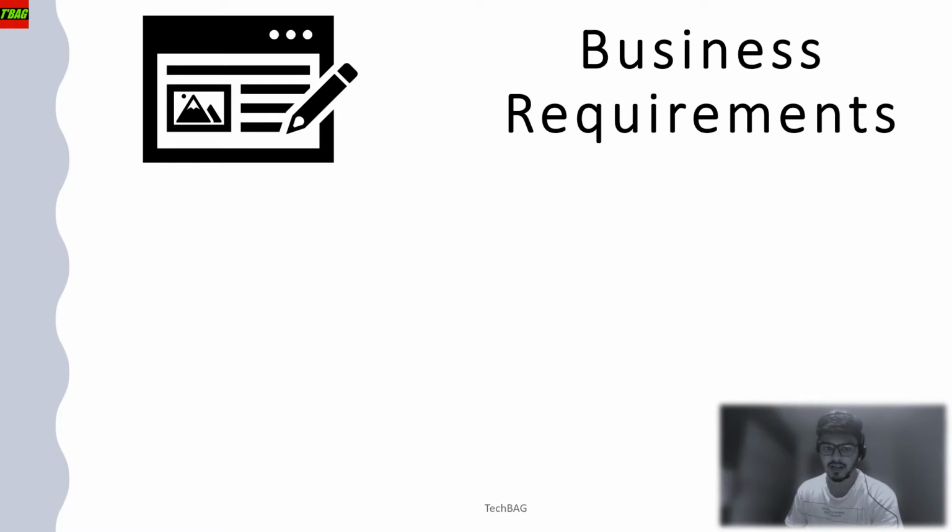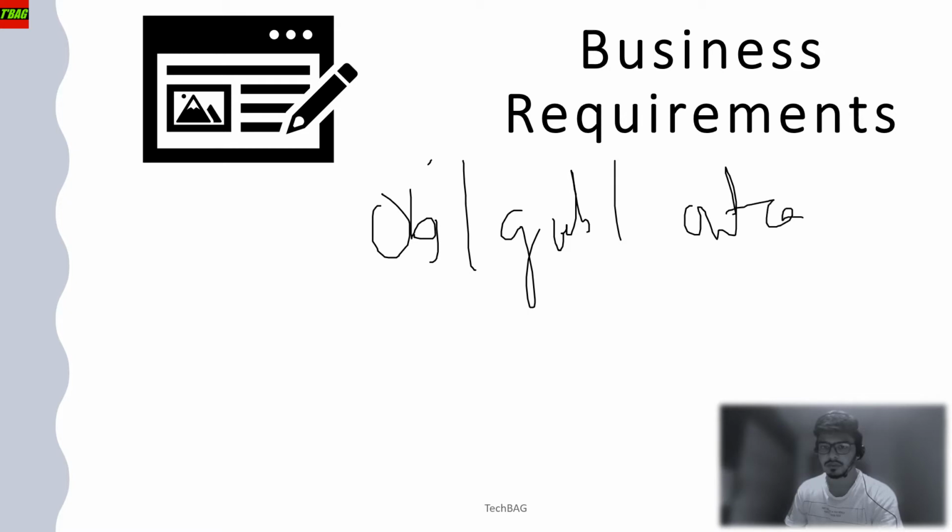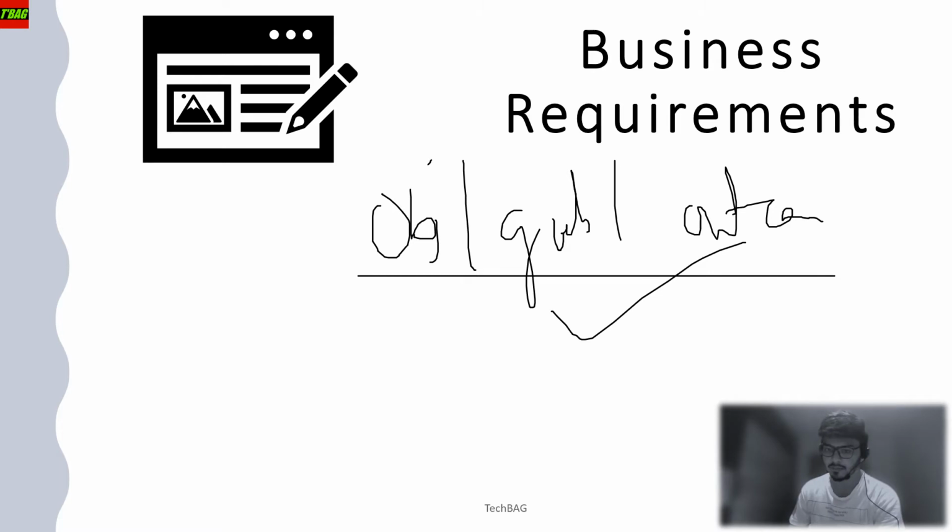So business will have their objectives, their goals, and the outcomes. When these three are satisfied, we probably are satisfying the business requirement. Basically, a business requirement is a statement of objectives, goals, and outcomes that describe why we are initiating the changes.